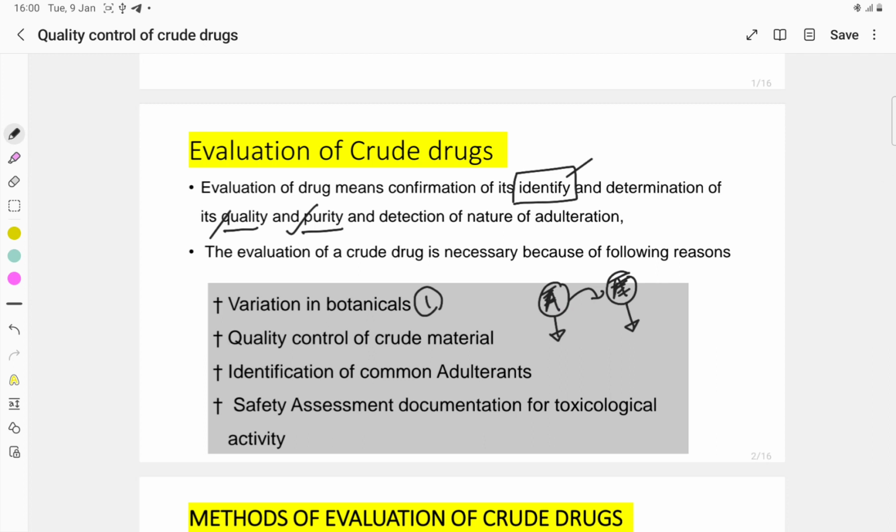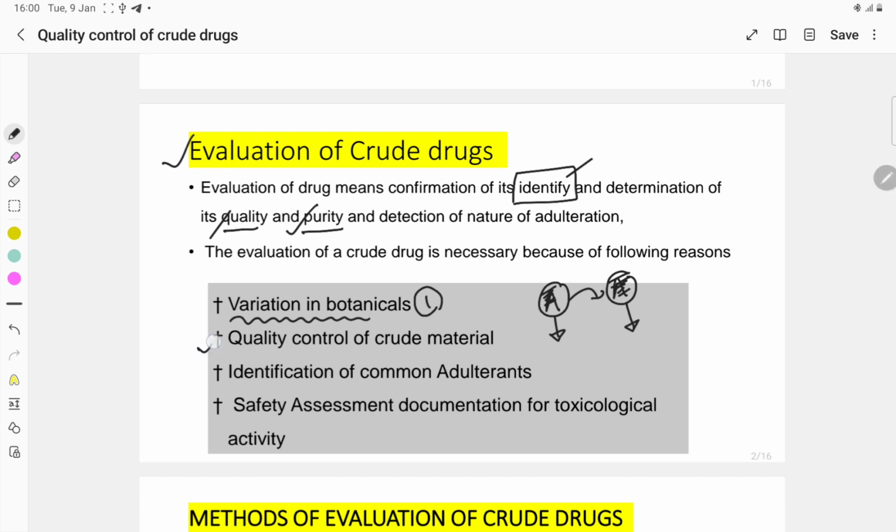That variation can be identified by evaluating the crude drugs. So before incorporating any crude drug into a formulation, it needs to be evaluated and standardized before any formulation preparation.